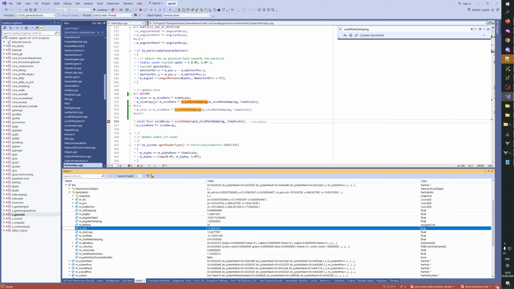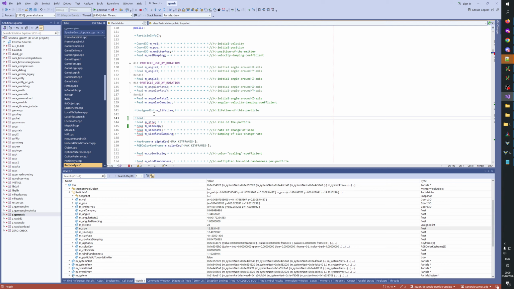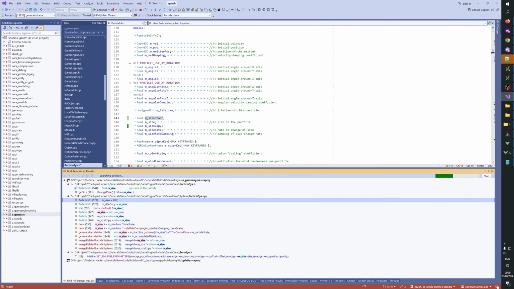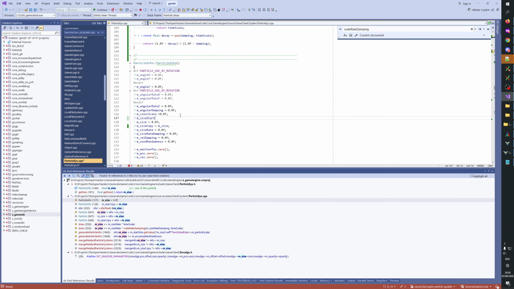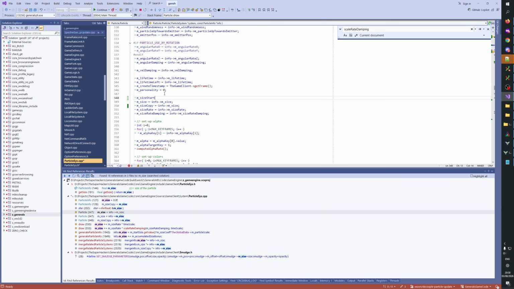Let's do. How about we add another one? Real size start. And then here we do 0. And then here info size. So that's what it started with, yeah.